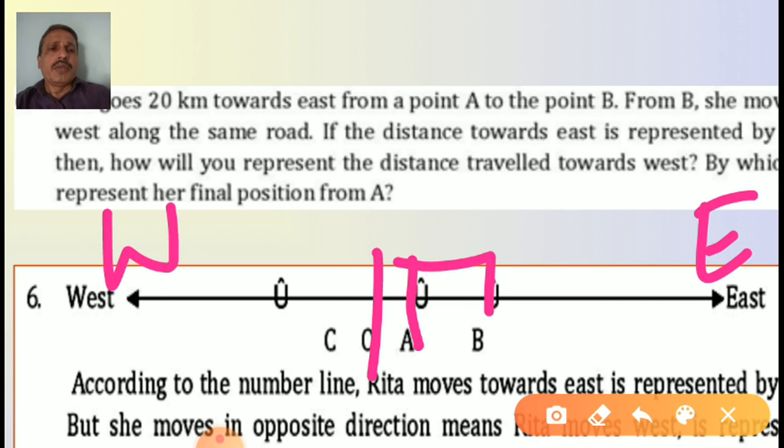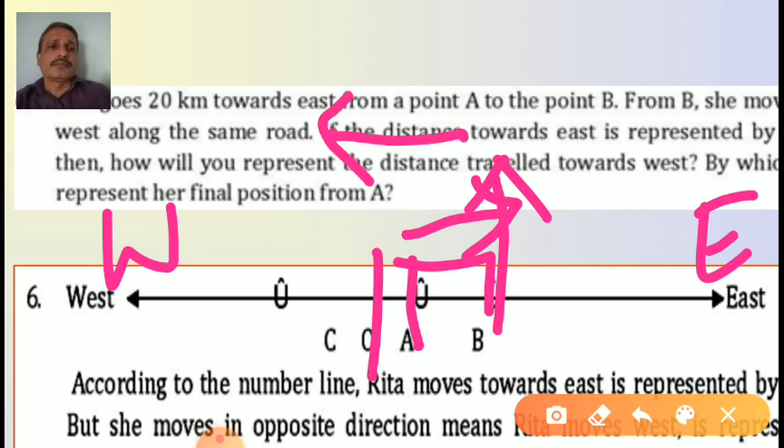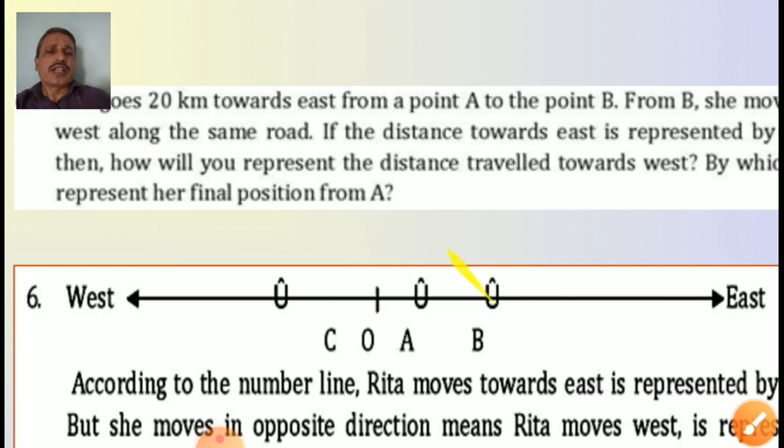Yes. Now from B, how much distance traveled? The difference is that first she moves in the east direction, and when she reached here, she starts in the west direction, the opposite direction, and reaches point C. Suppose that point is C. How much distance traveled? Let's see.